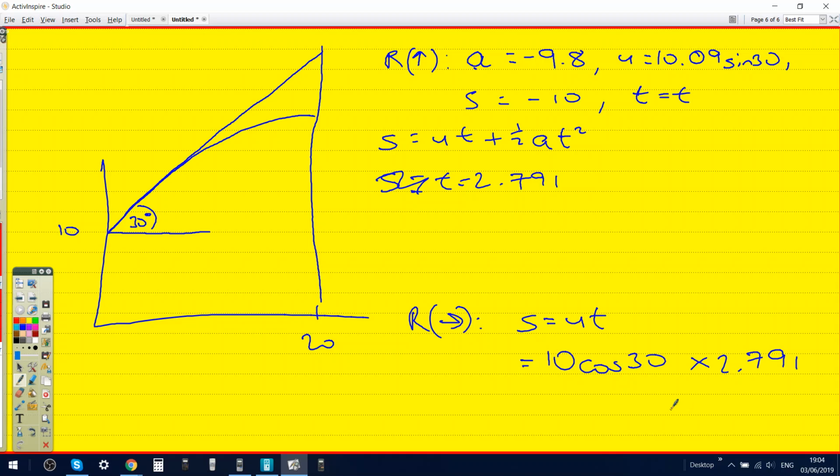Because if you resolve horizontally, you can just use s equals ut, because there's no acceleration due to gravity horizontally. Oh, I didn't put sine 30 by accident, and it's a syntax error. Hold on.